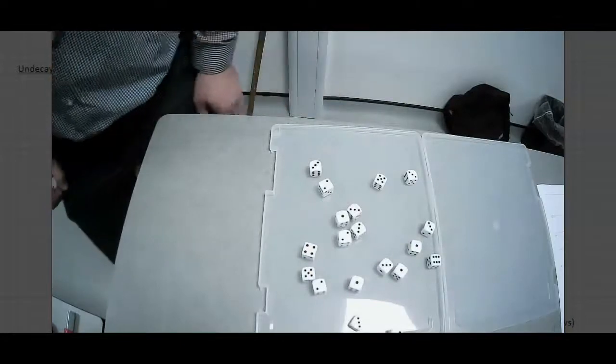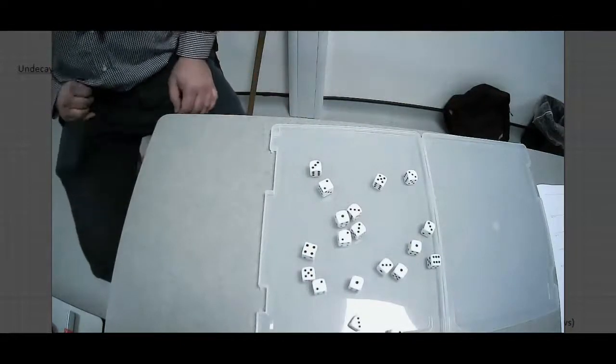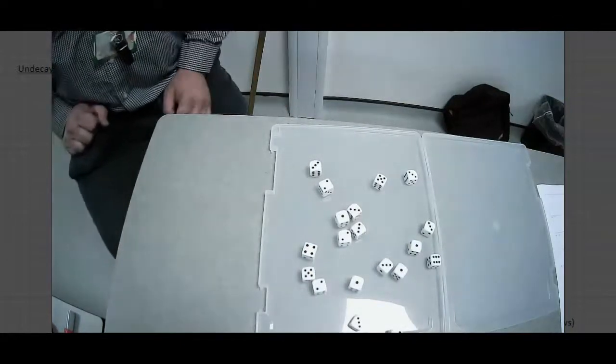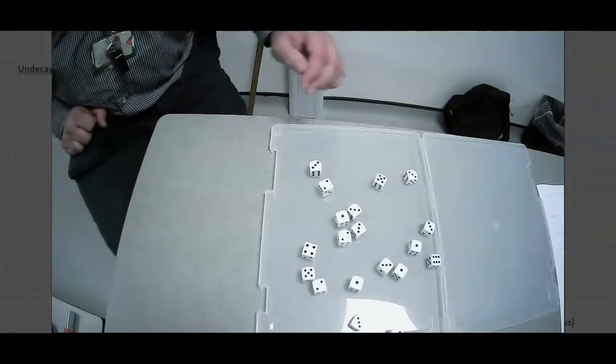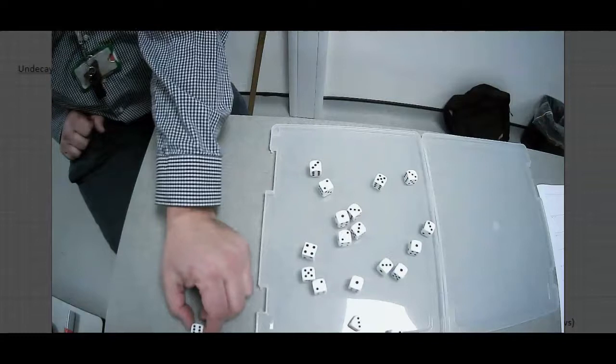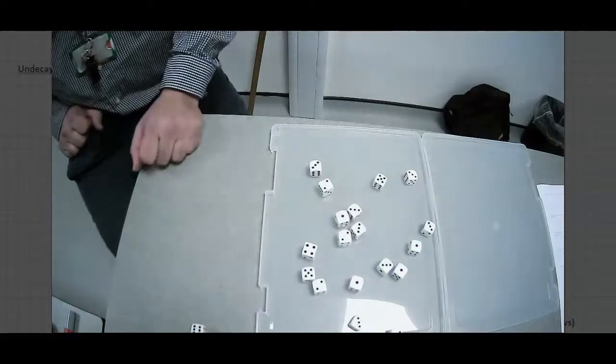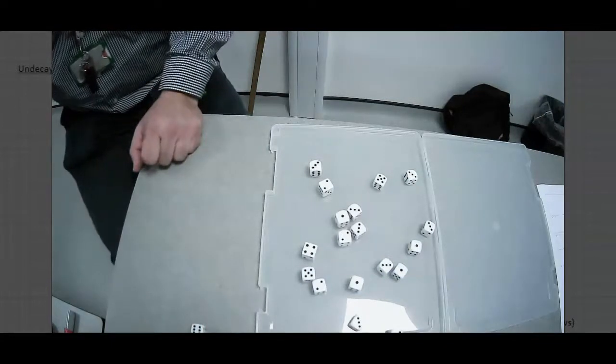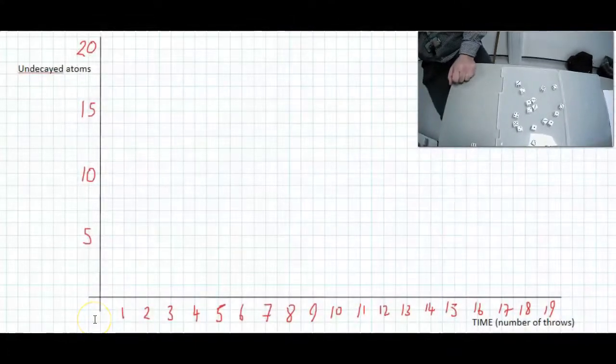Okay, so we've got our 20 dice and we've rolled them. I can look round and see that only one has landed with a 6 uppermost. I'm going to take that out of my sample. And now that I've got my sample, I'm going to be able to plot a point on this graph here.